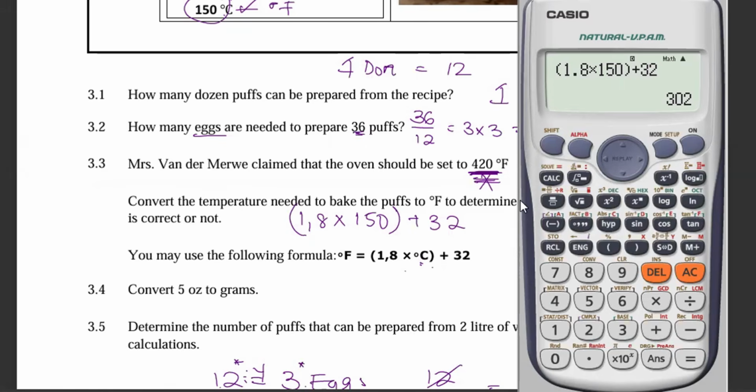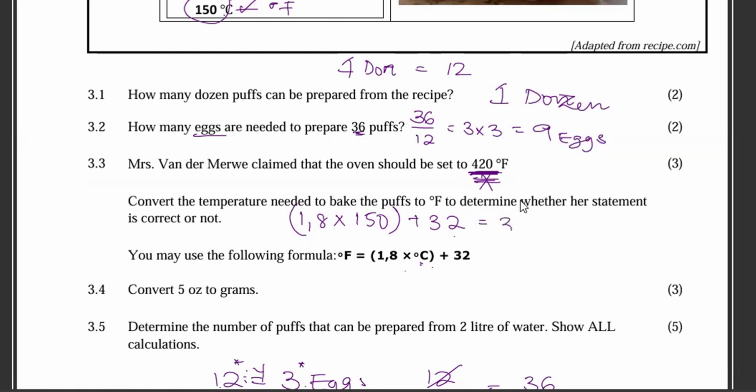Wonderful. So we got the answer as 302 degrees Fahrenheit. This is not the same as 420. So meaning her claim is invalid.